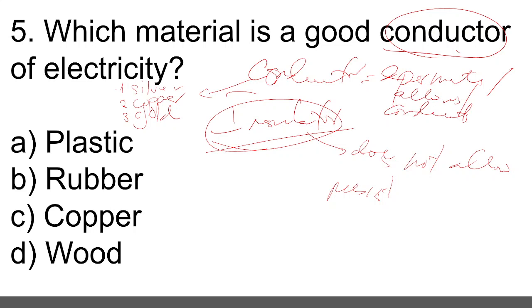Insulators are also used in PPE, like rubber, so that we do not conduct electricity. Therefore, plastic and rubber are insulators, copper is a good conductor, and wood is also an insulator. So our answer here is letter C, copper.